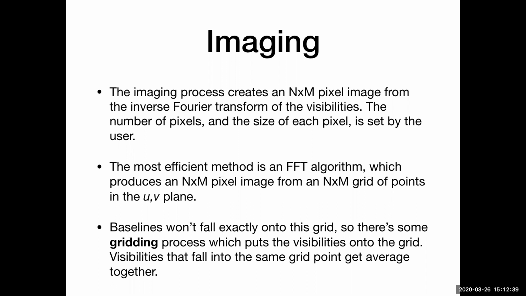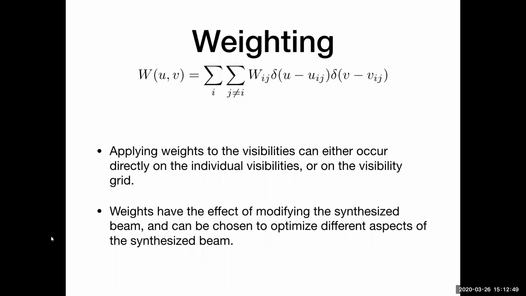As part of this process, or as part of the inverse Fourier transform, we can apply this weighting scheme. I mentioned this before in the context of having finite baselines, and how this gives you your synthesized beam from the lack of information from missing baselines.